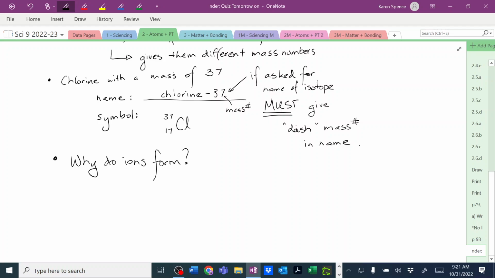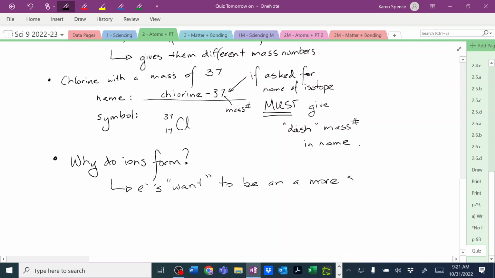Yeah, that filled outer shell. The electrons want, I'll put want in quotes because of course electrons don't have feelings, they don't have desires, but they want to be in a more stable state. And that stable state is a filled or emptied outer shell.